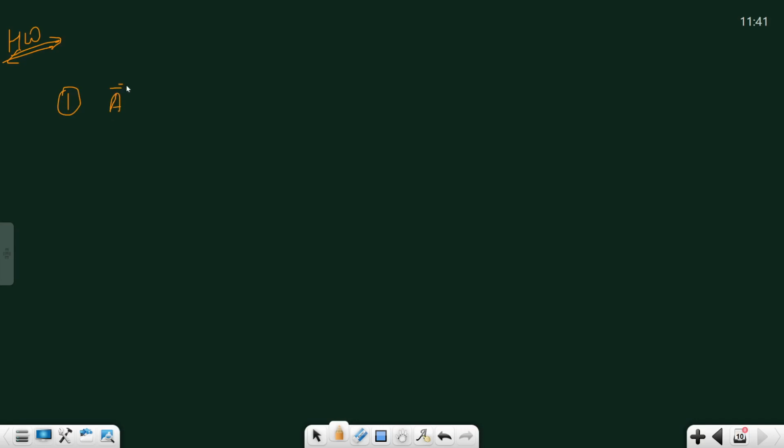The vector A is 2i minus 5j plus 8k. B is 3i minus 2j plus 2k. Second, A is i minus j plus k.